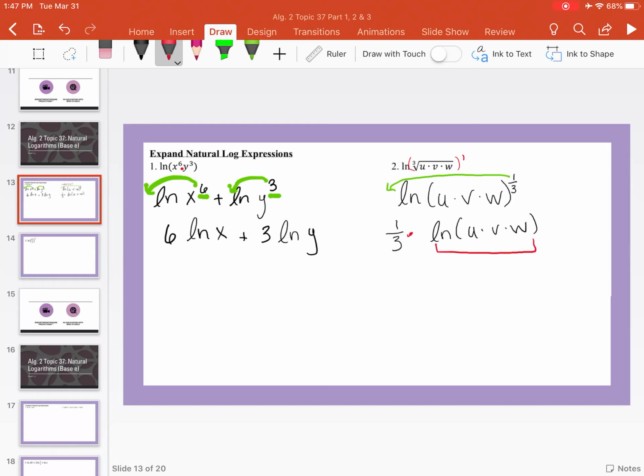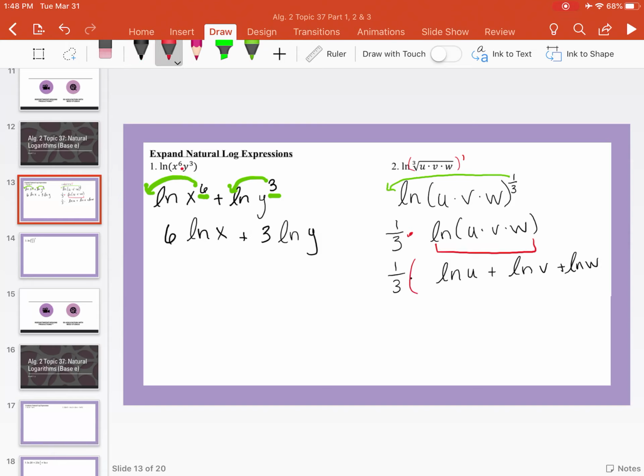Now I'm going to focus on this part right here, expanding. Very similar to what happened with number 1, when we see multiplication, that's going to translate to addition with logarithms. So I have my 1/3 times, this translates to ln of u plus ln of v plus ln of w.